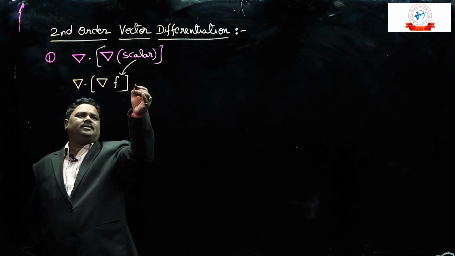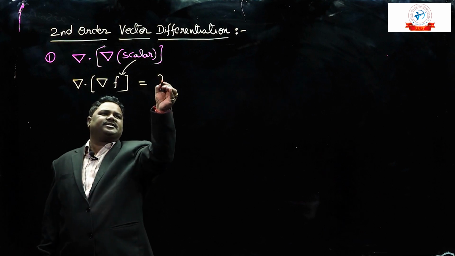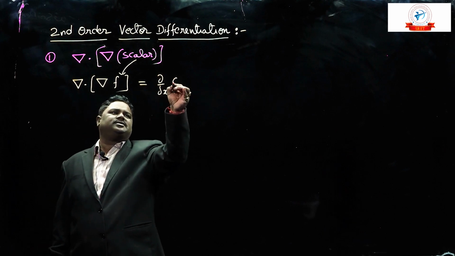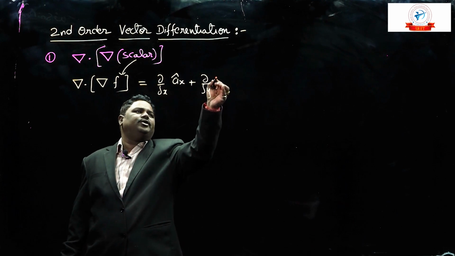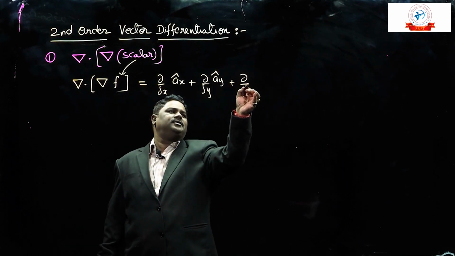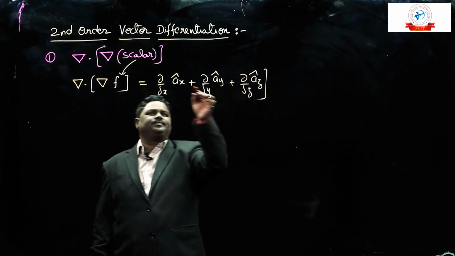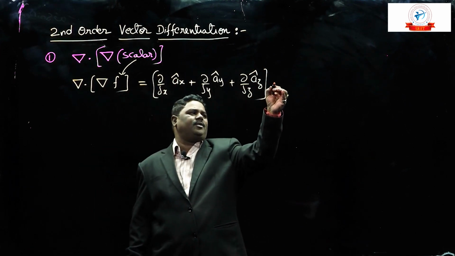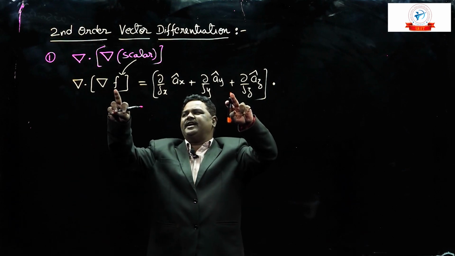What is the formula for the del operator? Del operator is given by dou by dou x into x cap plus dou by dou y into ay cap plus dou by dou z into az cap, dot product. So I have written this del operator. Next, gradient of f.